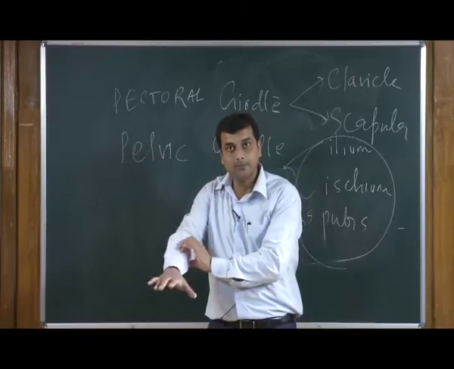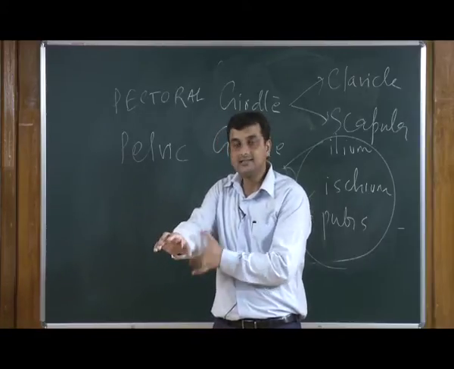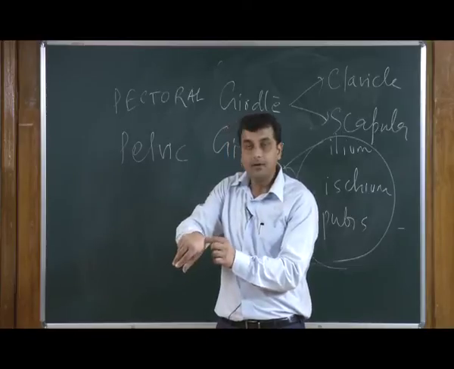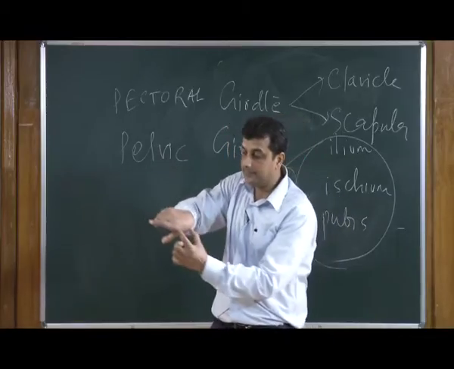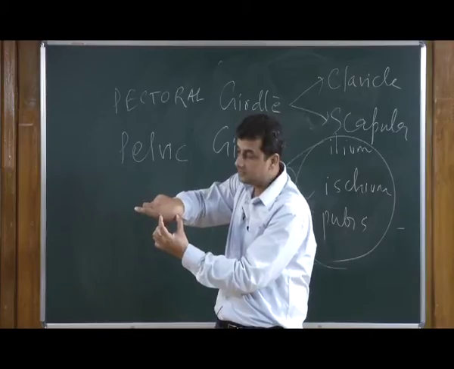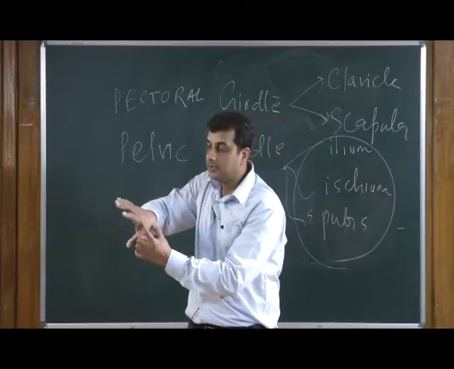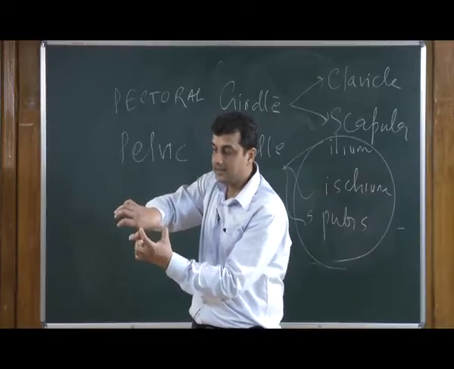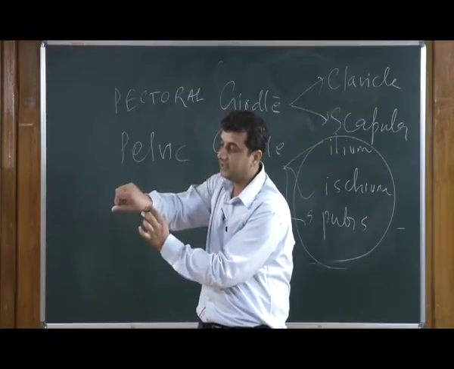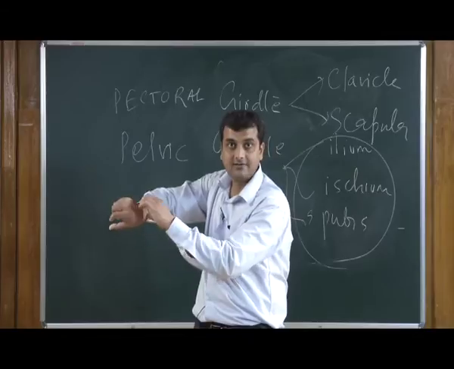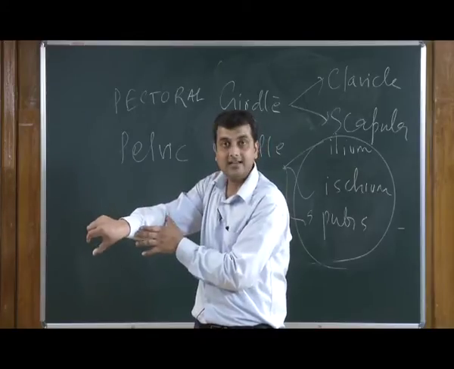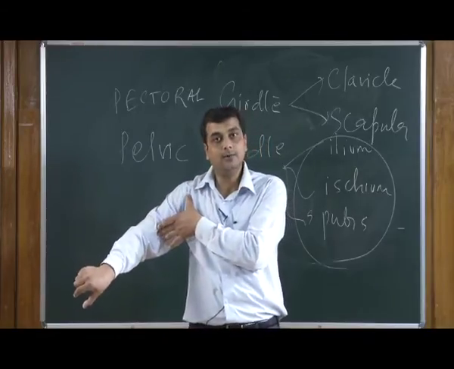So there are two bones here, radius and ulna, and then we have carpals, then metacarpals, and then we have phalanges. So we have phalanges, metacarpals, then carpal bones, then you have radius and ulna, then you have humerus.